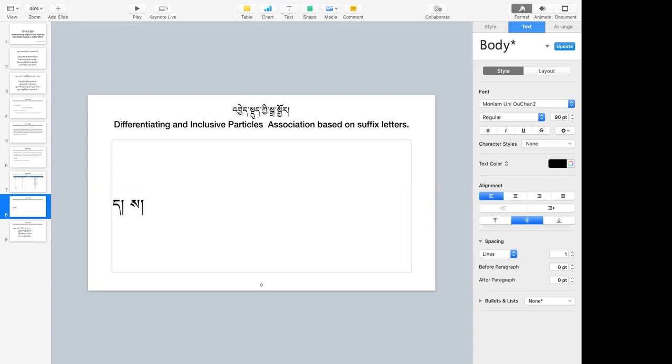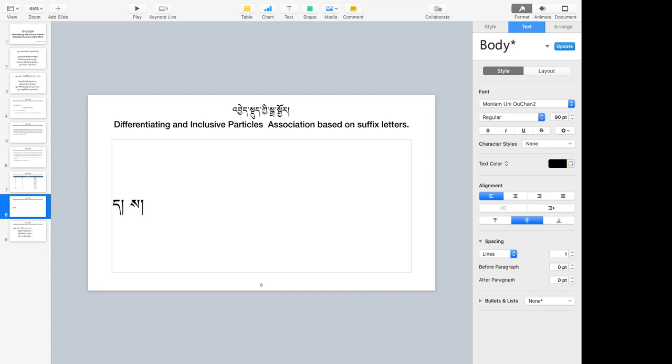So therefore, the letter which follows the suffix letter is known as the post-suffix letter. In Tibetan, it's called Yangchen. Yang means again, or sometimes it's called the super suffix letter. It's because it repeats after the suffix letter.